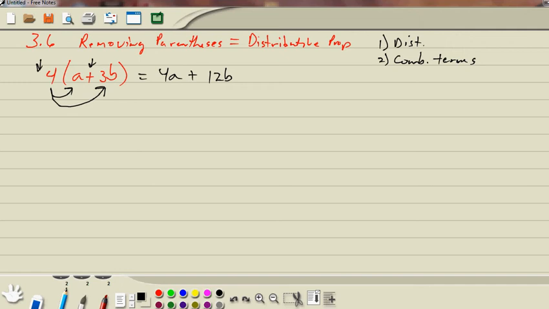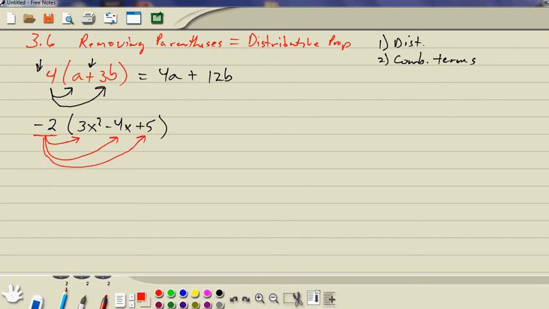Let's look at another example, because now I've got a negative 2 times 3x squared minus 4x plus 5. And if we are going to distribute, remember we're going to distribute the sign in front of it, so it's going to be negative 2, and we're going to apply that to the first term, to the middle term, and to the last term.